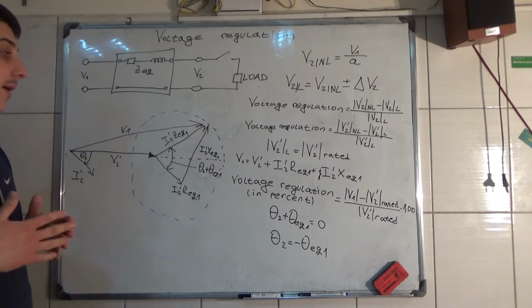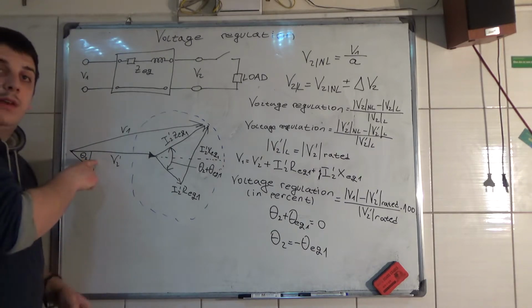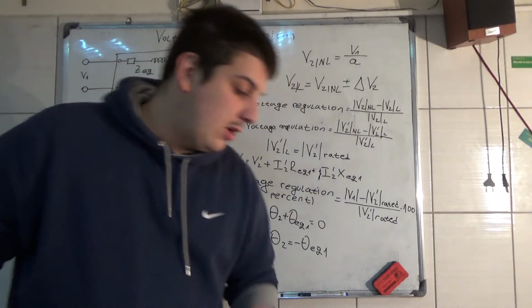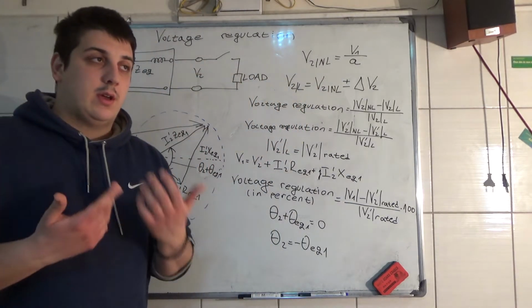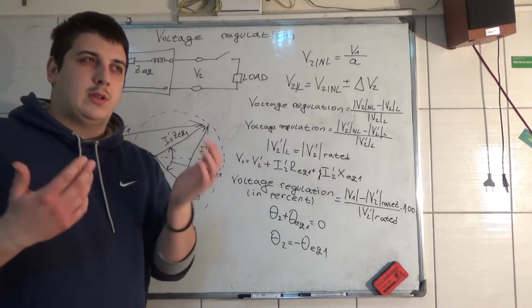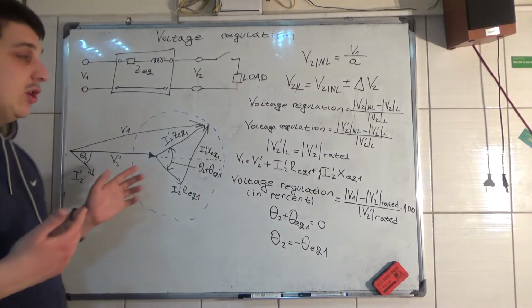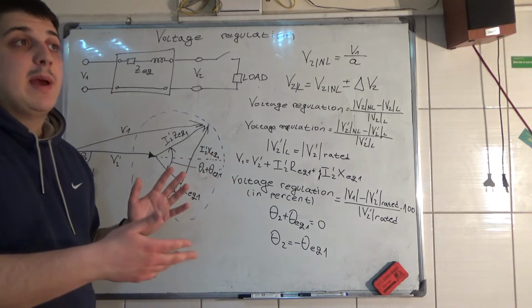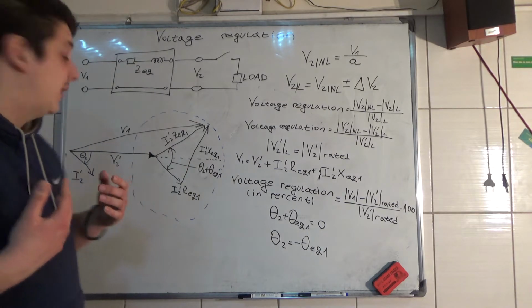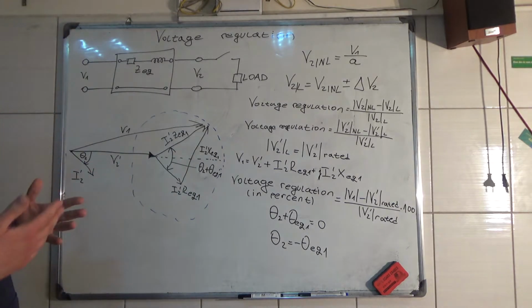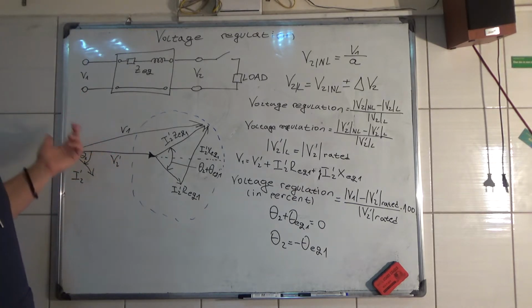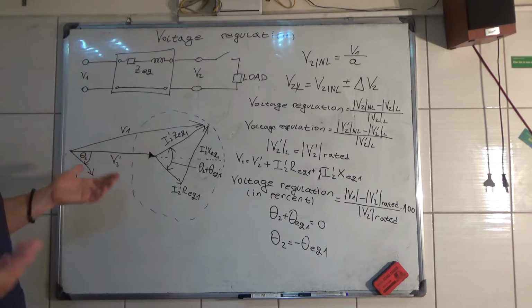Now, this theta 2 is the angle of the load impedance. That's what I talked about earlier on. So this theta 2 depends on the load. It can be inductive, it can be capacitive. The best thing is for this to be, you know, that a power factor of 1 is best when this is equal to 1.